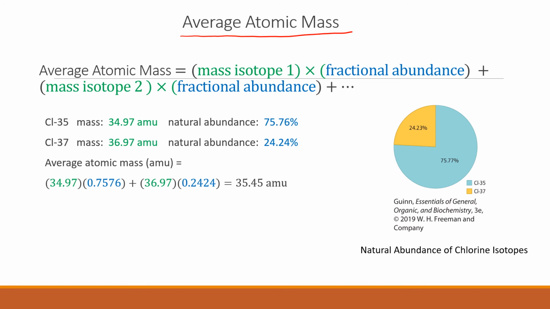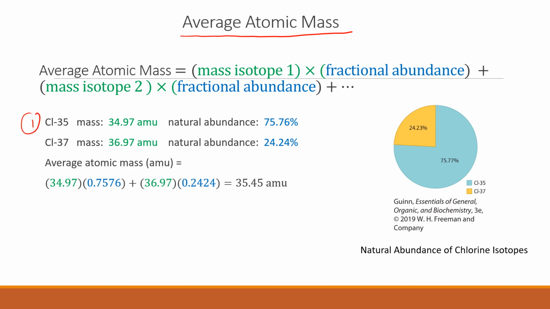However, this average is not the normal average which we calculate for two numbers. The atomic mass of an element is calculated as a weighted average of all the isotopes of the element, based on the natural abundance of each isotope. For example, two isotopes of chlorine exist.